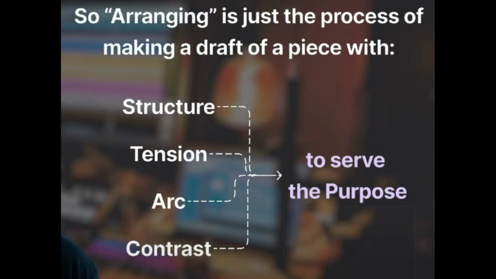It's just the process of making a draft of a piece of music with structure, tension, arc, and contrast. Those are the layers of an arrangement, and it's all to serve the purpose of the music, whatever that purpose may be: the emotion, the feeling, the concept behind the track in the first place. That's the purpose, and then these particular points are what we're trying to do in the arrangement.